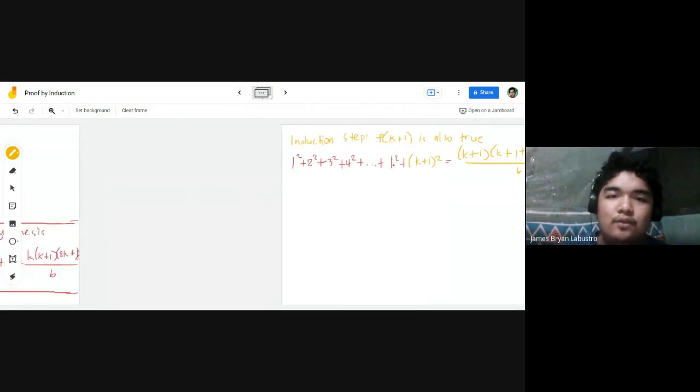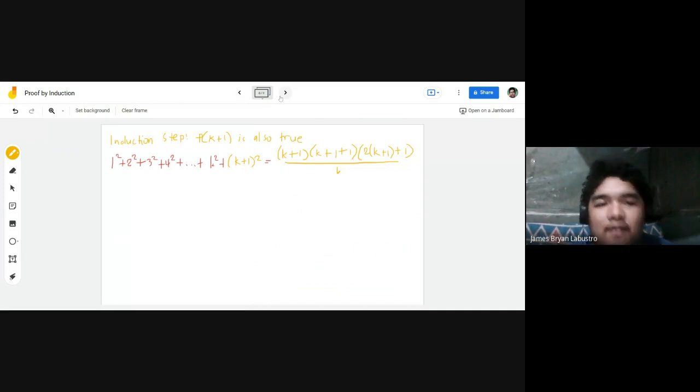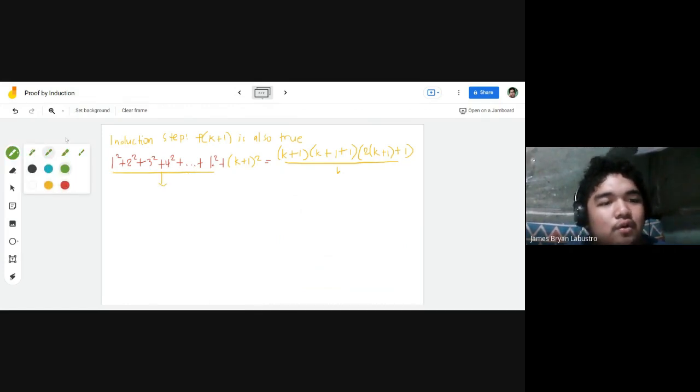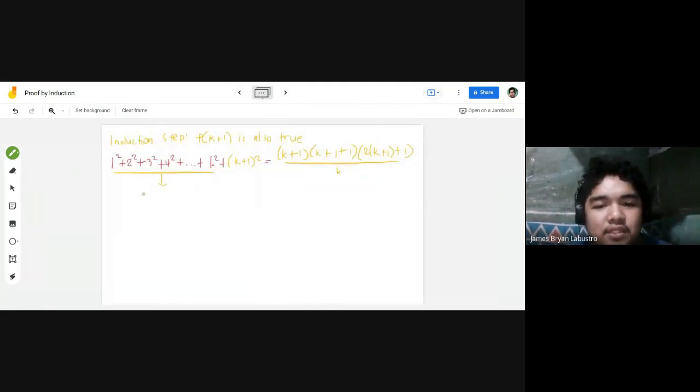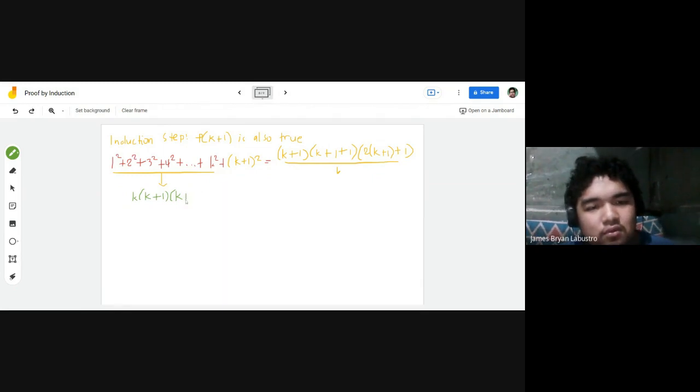That would be our first step to prove. Then we're going to let this one equal to the assumption of our hypothesis, so we let this equal to k times k plus 1 times 2k plus 1 all over 6.